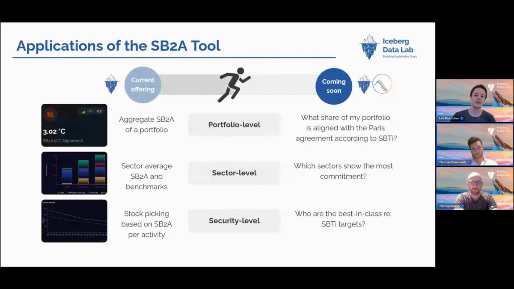Yes, thank you, Thomas. I want to start by coming back to the differentiation that we just made, because the difference in methodology is also due to the difference in use case and what you do it for. SBTi, as we know, was developed for companies to approach this organization and set their own targets and follow through on their own.